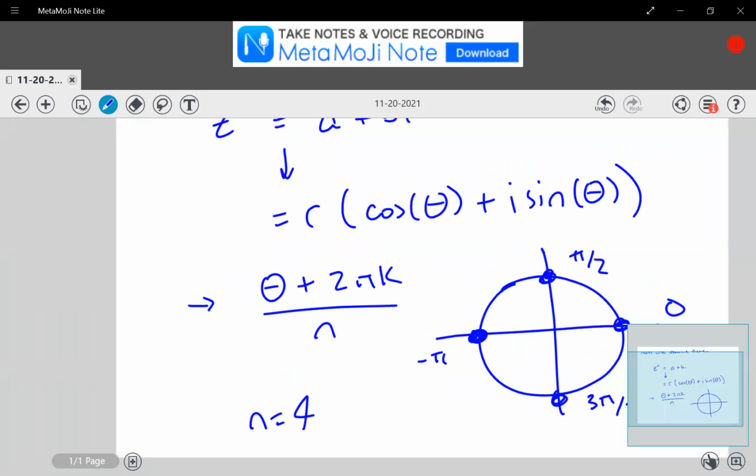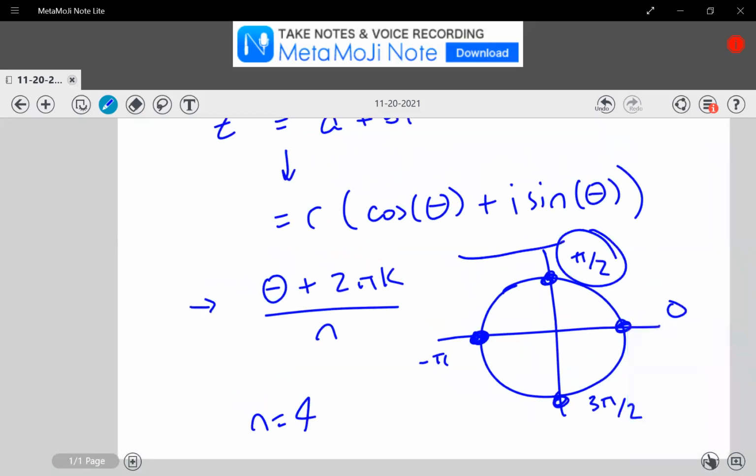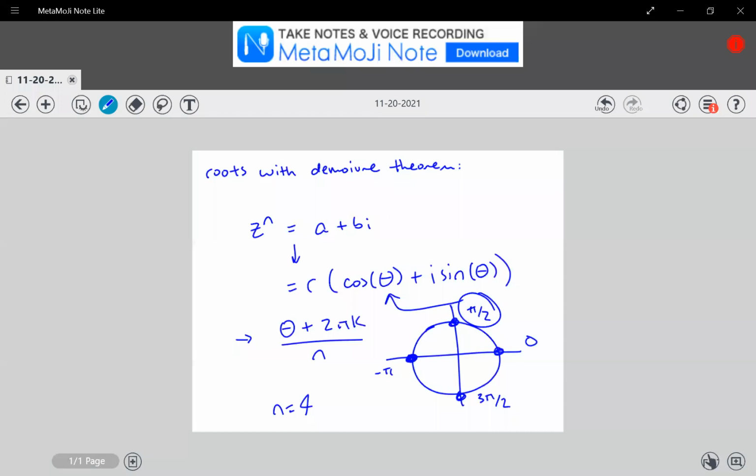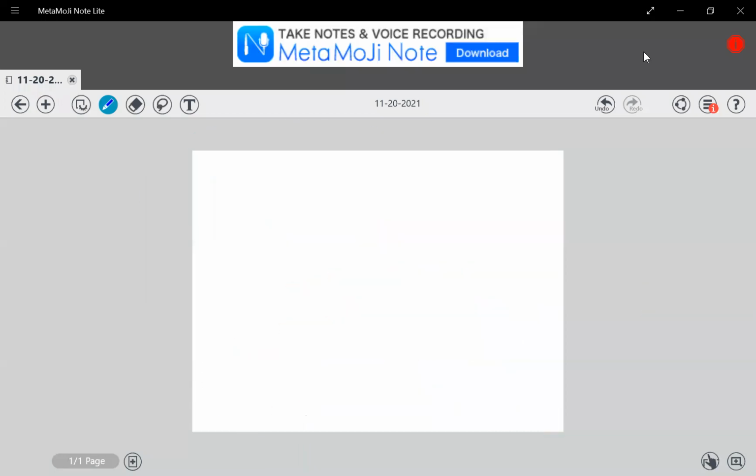And essentially what we can do is take these angles and just input them in here, and we can get our roots from that. I think it's easier if I have an example problem. Let me just go ahead and see if I can find one. All right, so I found a problem we can use.